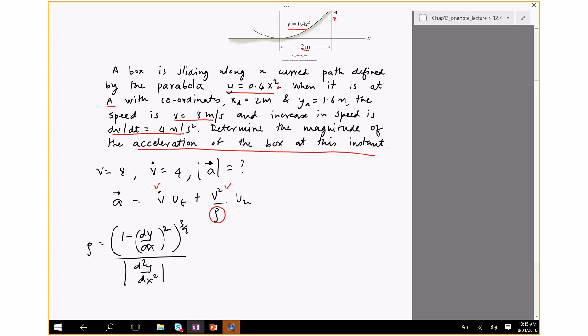So let's find dy dx. y equals 0.4x squared, so dy dx is 0.4 times 2x, and d squared y dx squared is 0.4 times 2.